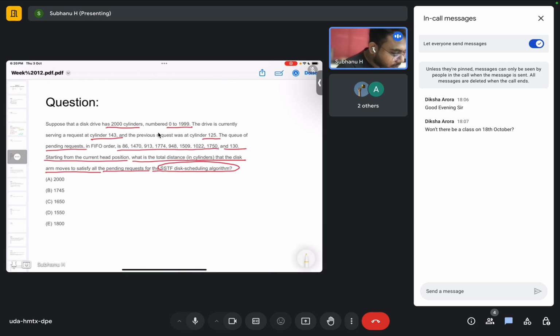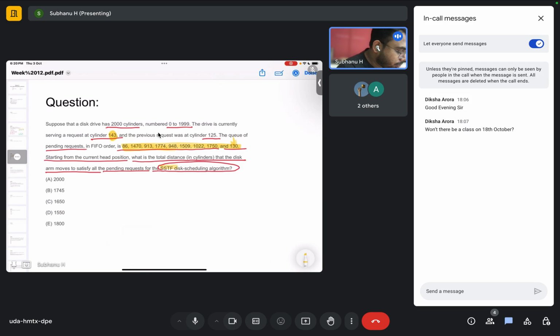Important things to be noted: these are the requests, and it is serving a request. Currently it is at 143, and it will end at 130.